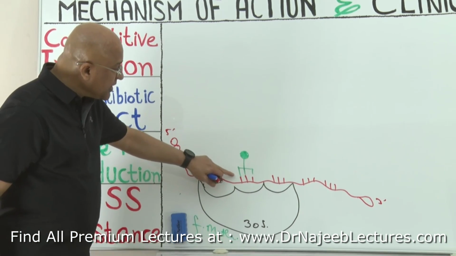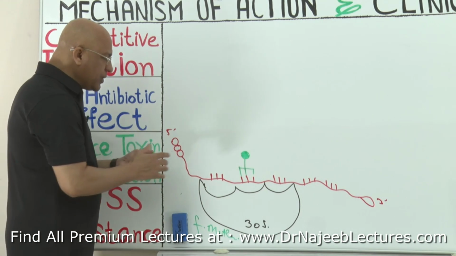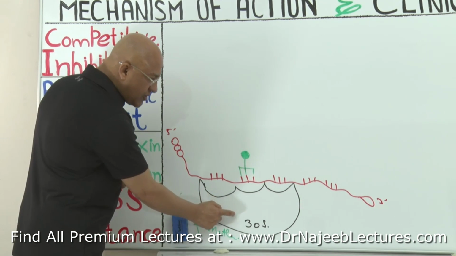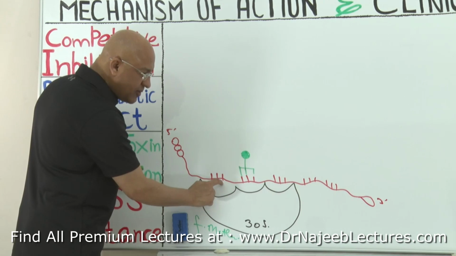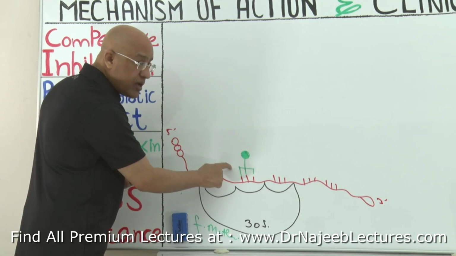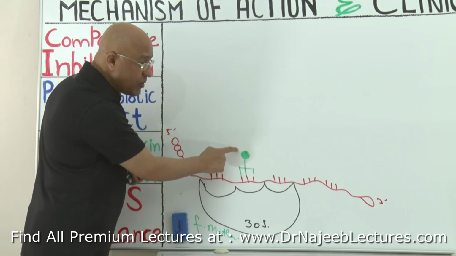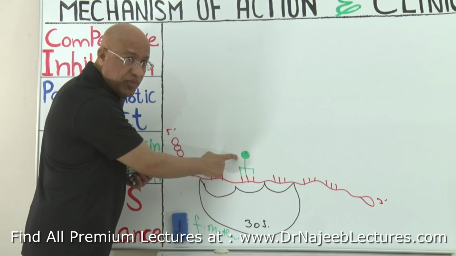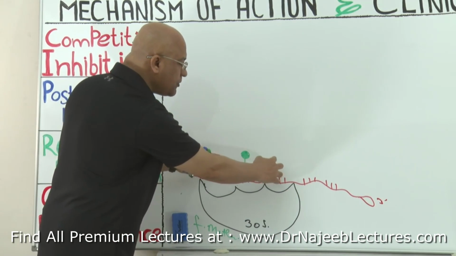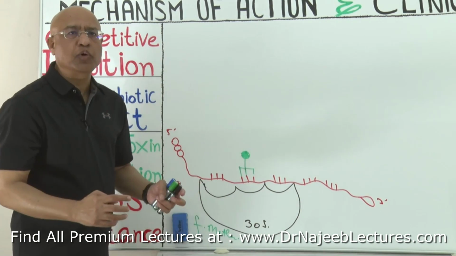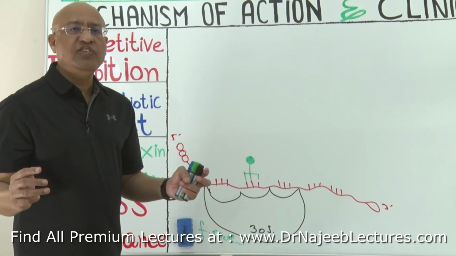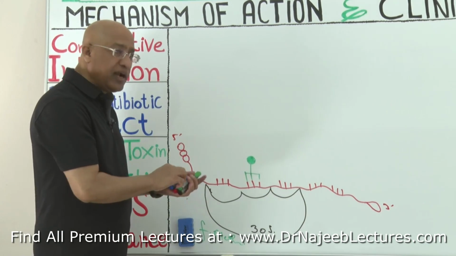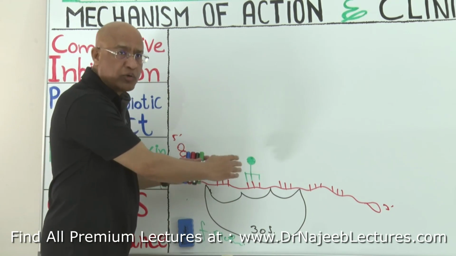Now, this will be attached here along with the 30S ribosome plus messenger RNA plus transfer RNA with formyl methionine. And there will be a few other helping proteins which are called initiation factors, initiation factor number 1, 2 and 3.